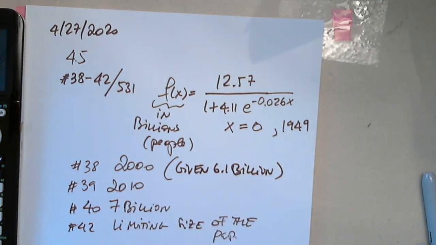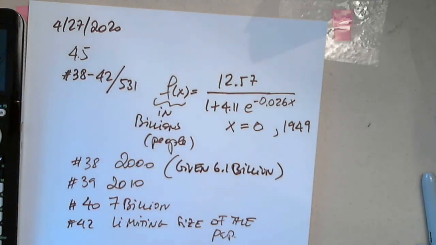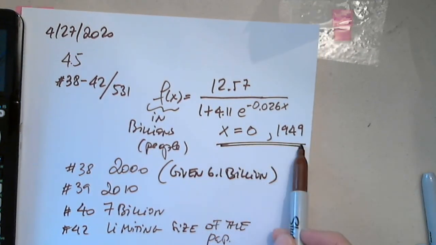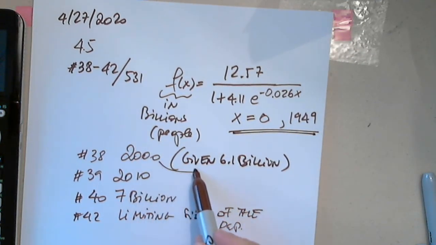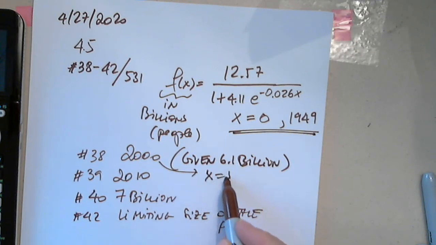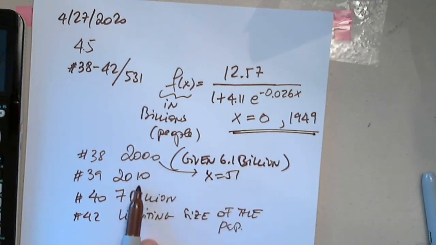So what should I do to determine the population from the model for the year 2000? Put 51 in for x. Very good. If x equals 0 is for 1949, for 2000 x is 51. Of course, here I'm going to add 10, so x will be 61.